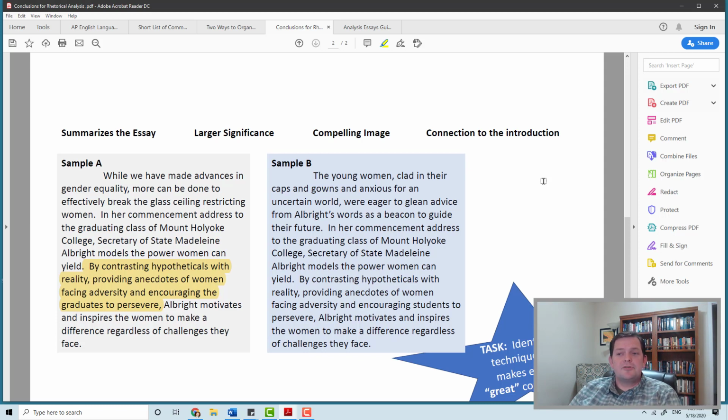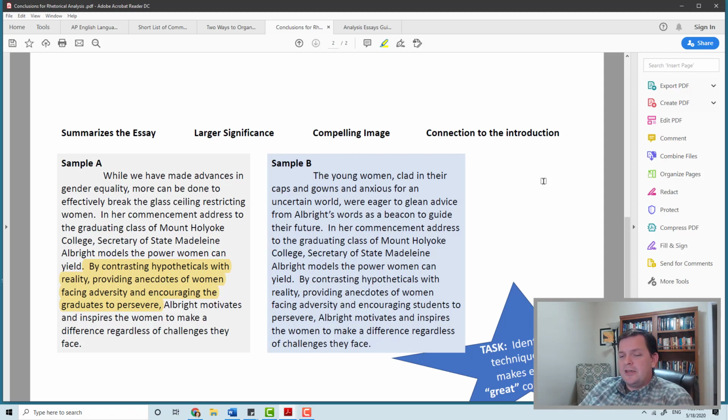In her commencement address to the graduating class of Mount Holyoke College, Secretary of State Madeleine Albright models the power women can yield. By contrasting hypotheticals with reality, providing anecdotes of women facing adversity, and encouraging students to persevere, Albright motivates and inspires the women to make a difference regardless of the challenges they face.